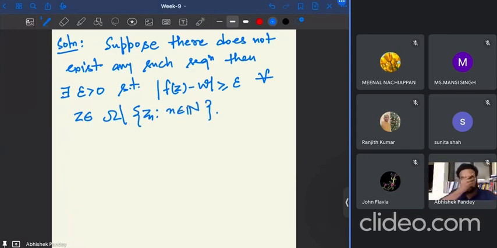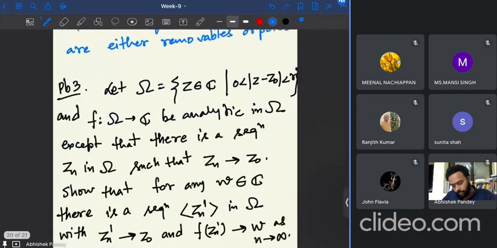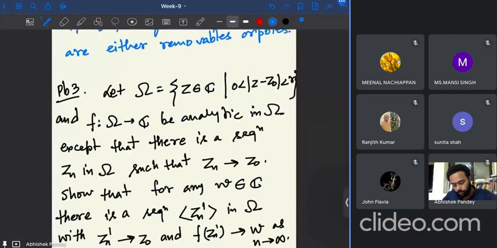Okay, is it clear? Any doubt? So we are assuming that there does not exist any such sequence which tends to z naught, but f(zn) does not tend to w. Okay.